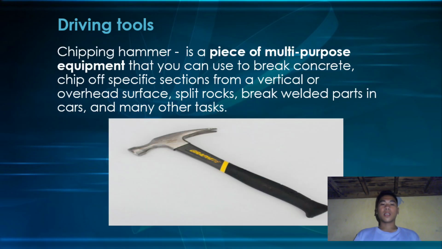The second one is the chipping hammer. It is a piece of multi-purpose equipment that you can use to break a concrete chip of a specific section from a vertical or overhead surface, split rocks, break welded parts in cars, and many other tasks.